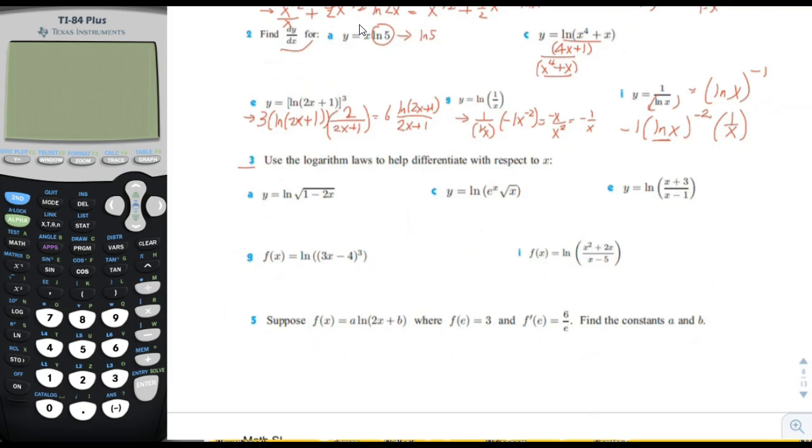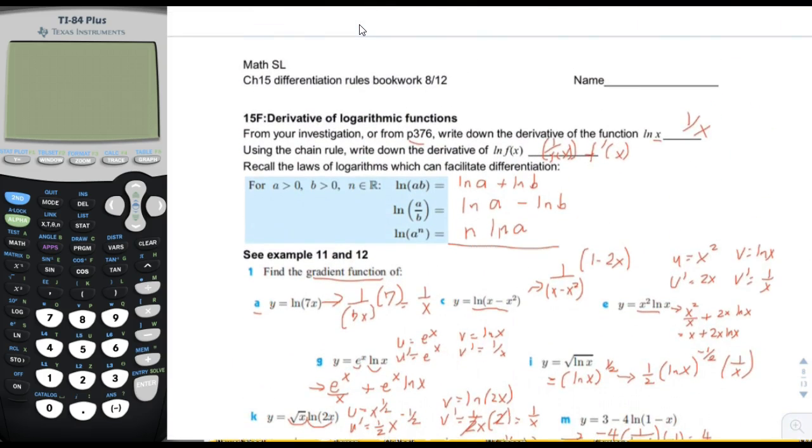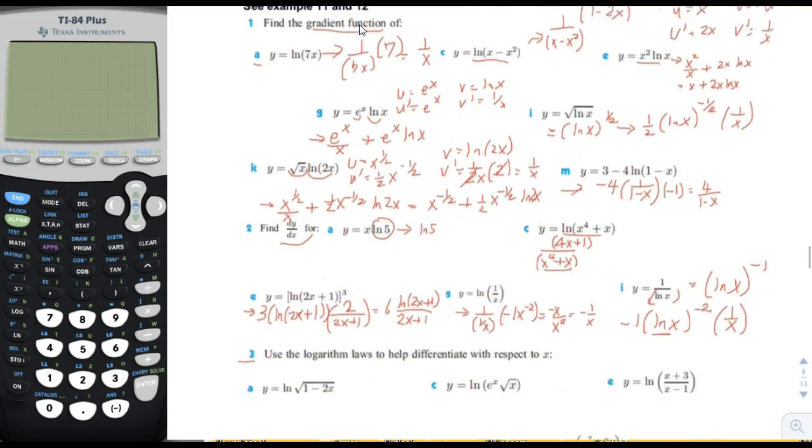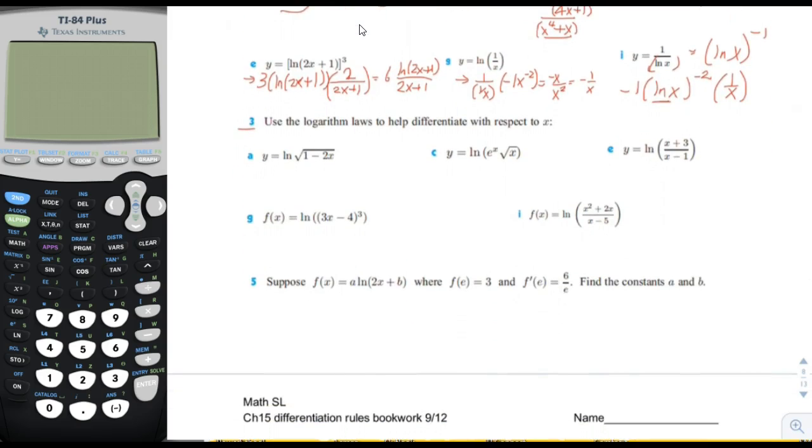Okay. 3. Use the logarithm laws to help differentiate with respect to x. Okay, remember the logarithm laws? They're these ones here. Okay? Alright, first one. Y equals the natural log of square root of 1 minus 2x. Let's see. So, this is the same thing as natural log of 1 minus 2x to the 1/2 power.